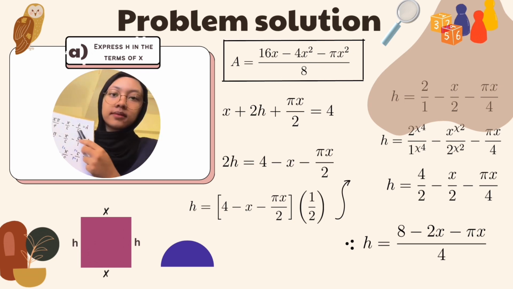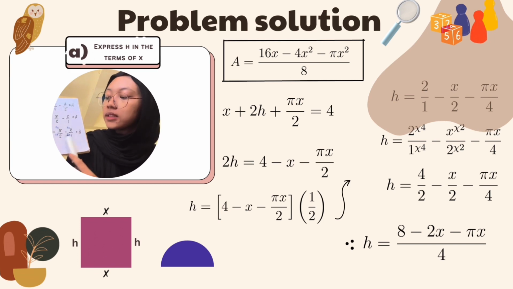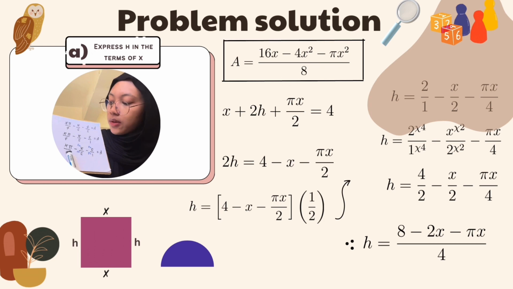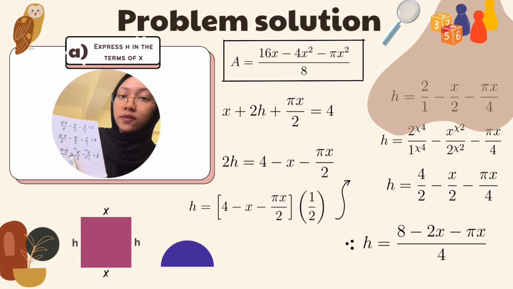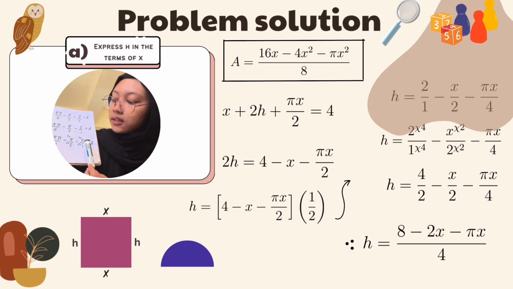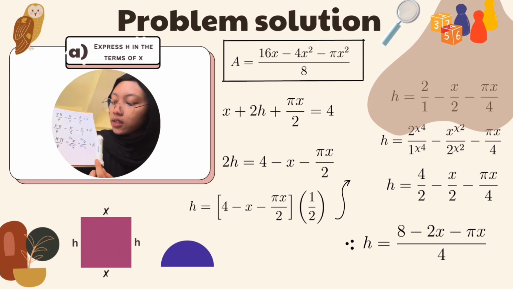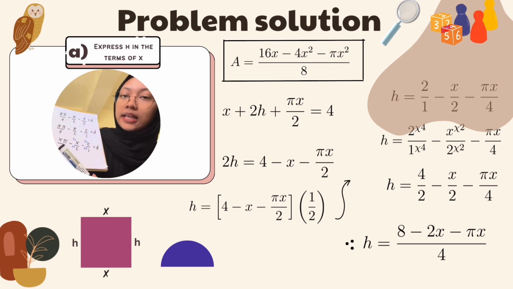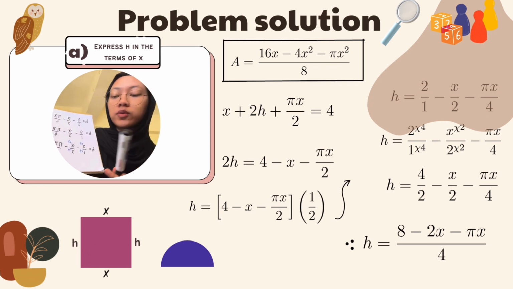After we simplified the equation, we're going to make all the denominators the same. As we look at this, we have the denominator 4 at pi x over 4. So we're going to make the other two have the same denominator, 4. Here we multiply 2 over 1 by 4 and x over 2 by 2.